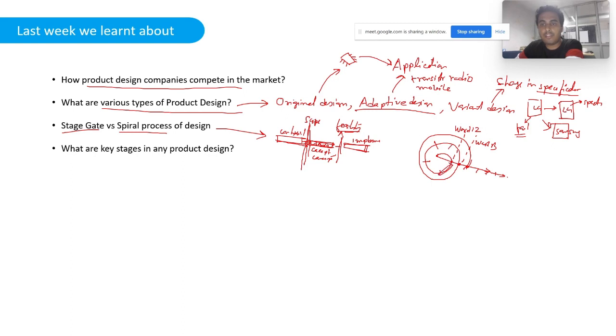But if we look at the overall design, it looks like a spiral design, because a product from day one, when we have the idea, took years of refinement to reach 100% efficiency. So that's why various stage gate processes are involved here, and it looks like a spiral design process.